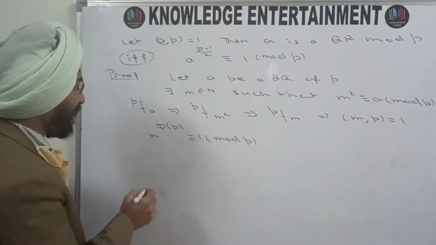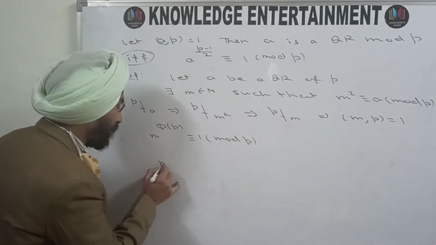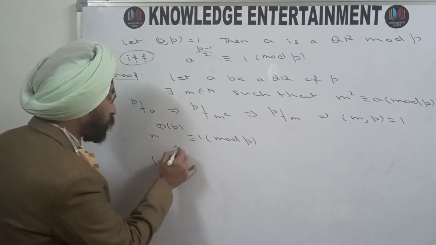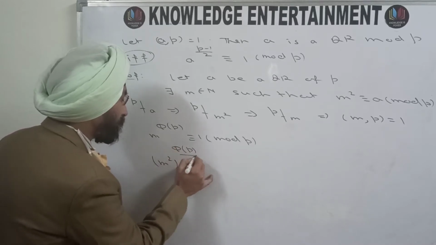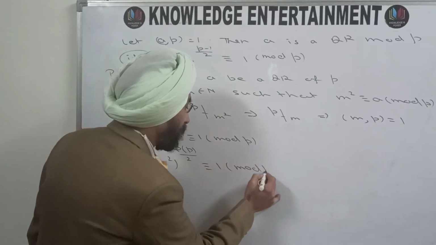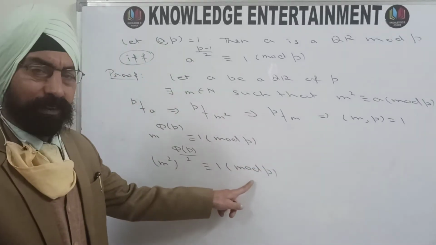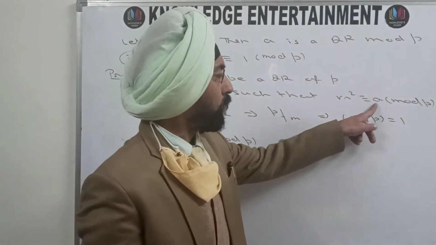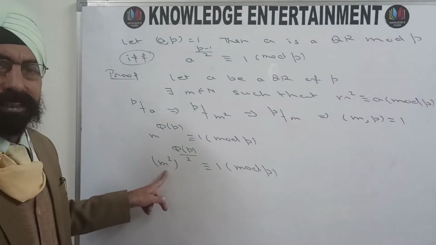You can write m raised to the power phi(p) as m squared raised to the power phi(p) by 2, which is congruent to 1 modulo p. We are working with modulo p, and we know that m squared is congruent to a modulo p, so this m squared can be replaced by a.